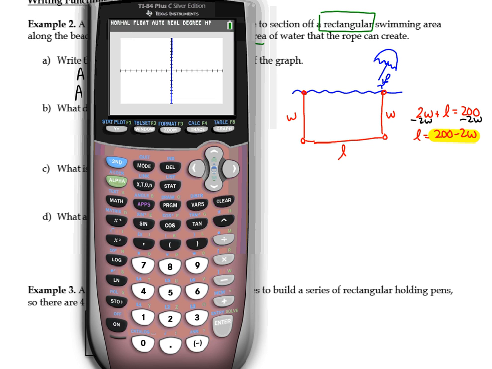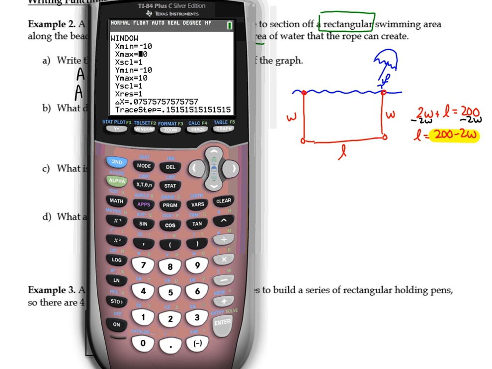You can almost have this be nothing, and these be 100 each. So our X variable can go as high as 100. Can you have negative width? No.